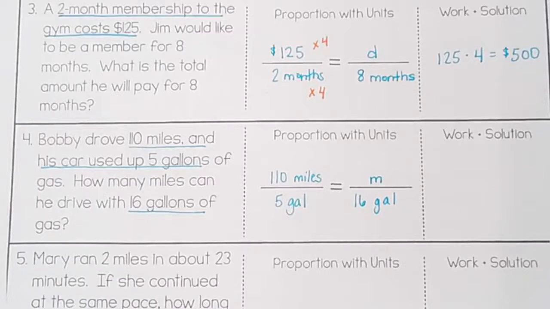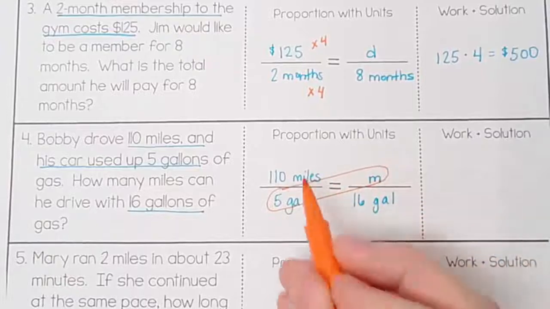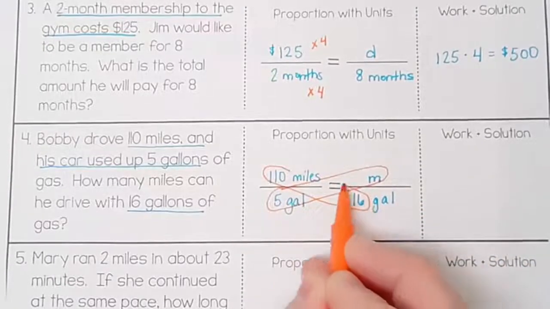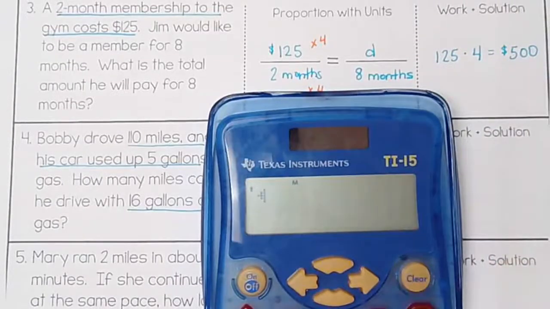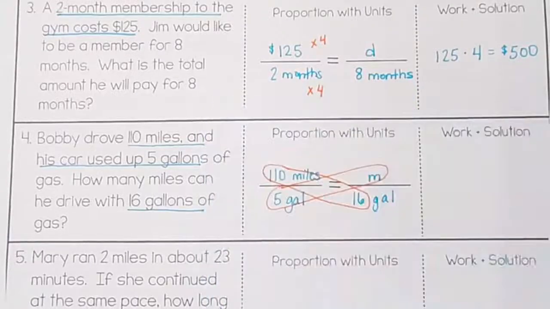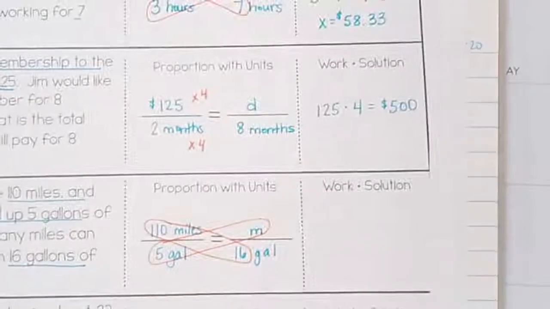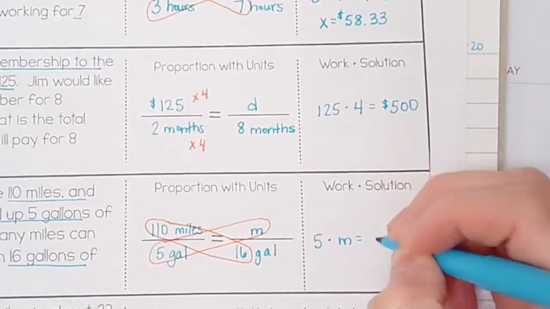So 110 times 16, and I've got my calculator, is going to give me 1,760. So now I need to do 5 times M equals 1,760. Just divide. Now I get 352. So that's 352 miles.